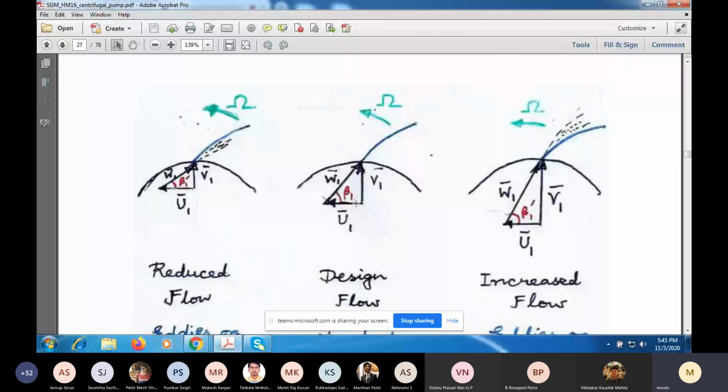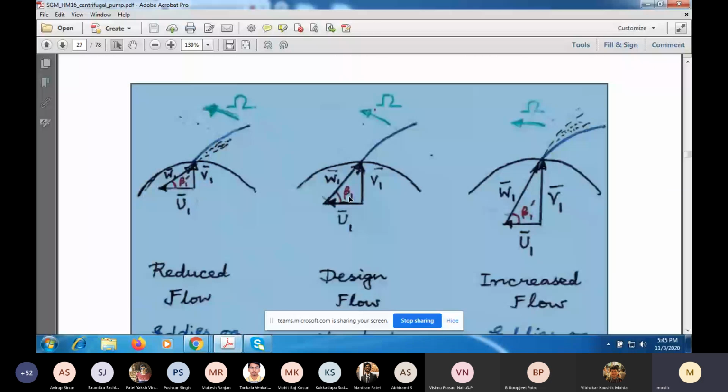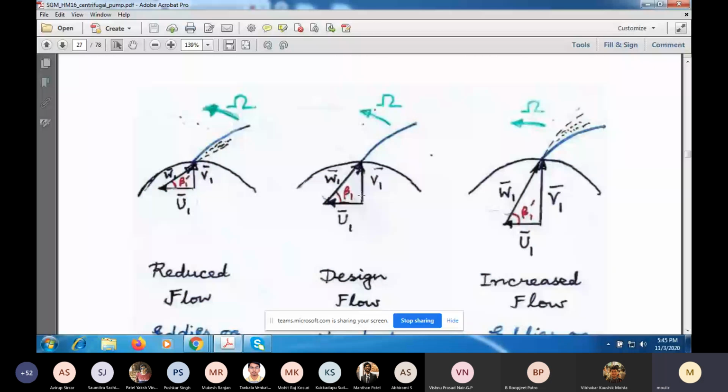It is R1 times omega. So in all three cases, U1 is the same, omega is the same, but what is different is the flow rate. Suppose relative to the middle case, I reduce the flow rate, then the radial velocity will reduce, and radial velocity is actually V1. So we'll have a smaller triangle over here compared to this middle triangle.